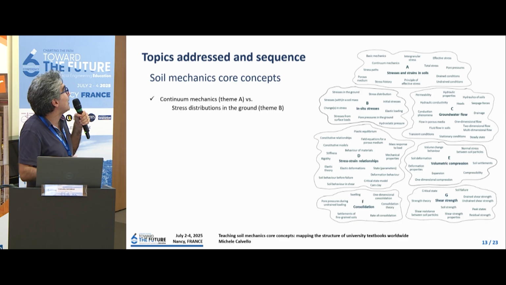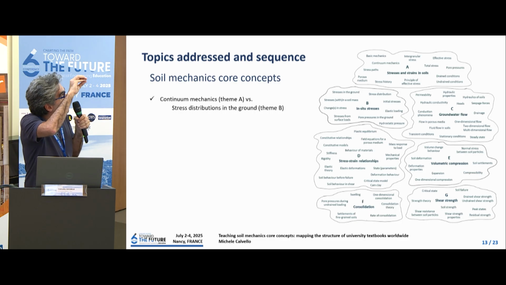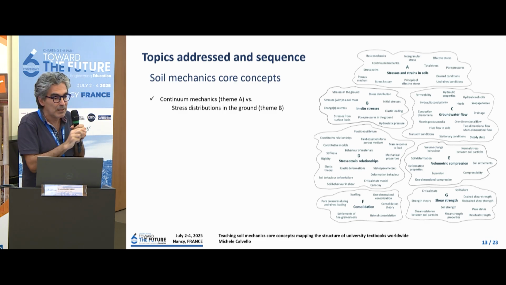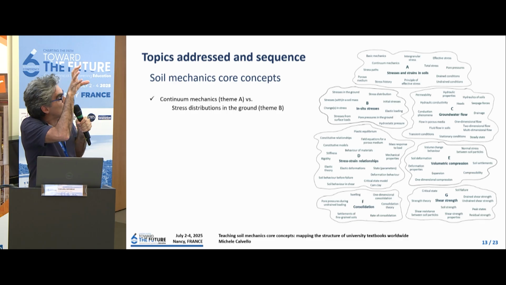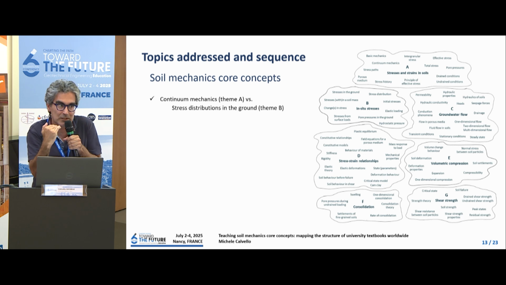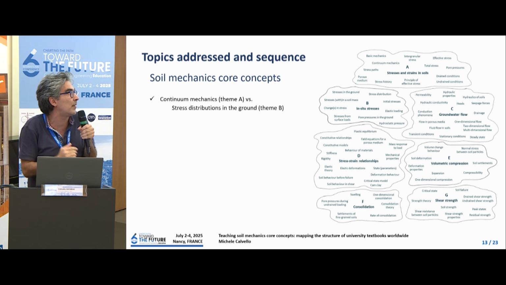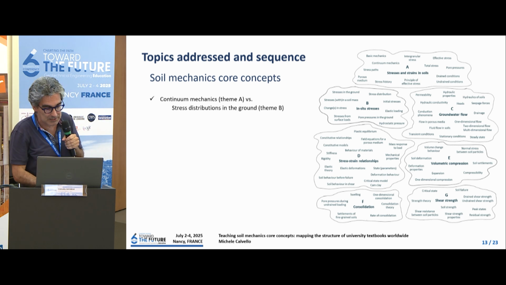For instance, theme A, continuum mechanics, stresses and strains in soils, and theme B, stress distributions in the ground. They address sometimes similar things, but one concentrates more, in my opinion, on elementary volumes, where you're thinking about stresses and strains in soils. When you are dealing with the ground surface, the subsurface from ground level, you are dealing with in situ stresses.